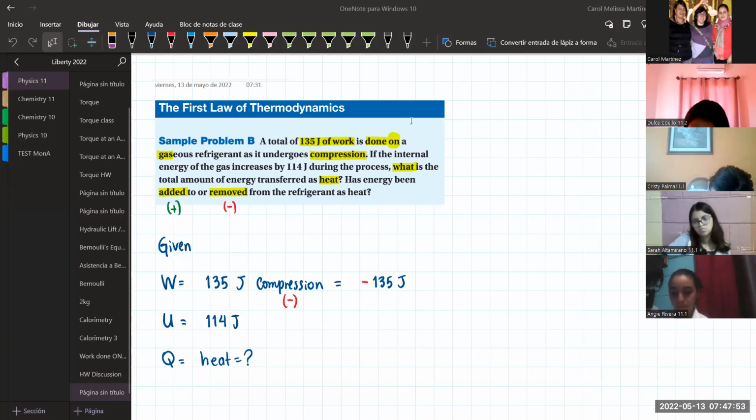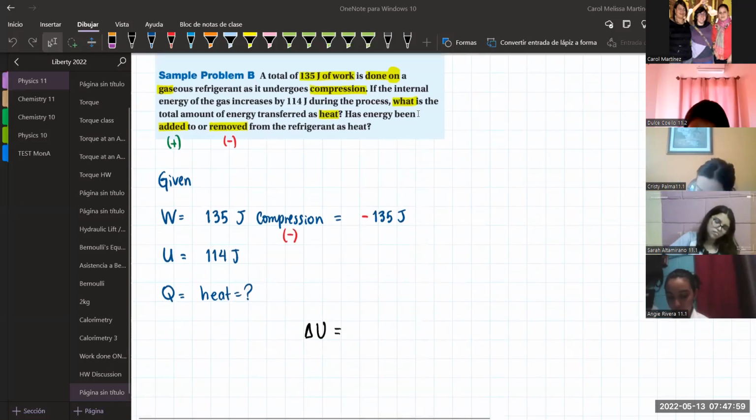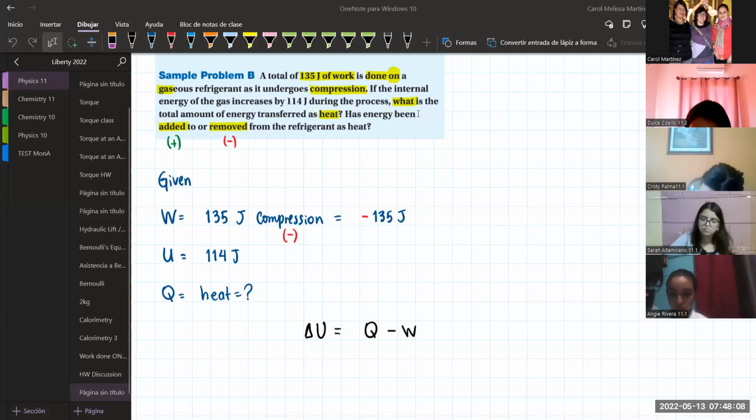So the first law of thermodynamics says that the internal energy of a system is equal to heat minus work. Okay? So we need to find Q. Because we need to find Q, I need to isolate this work from here, which is subtracting.